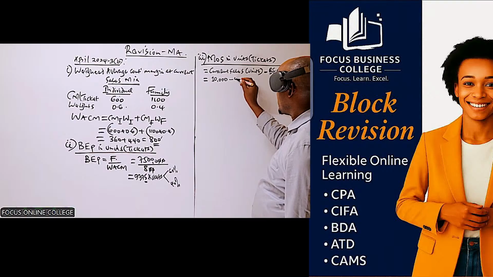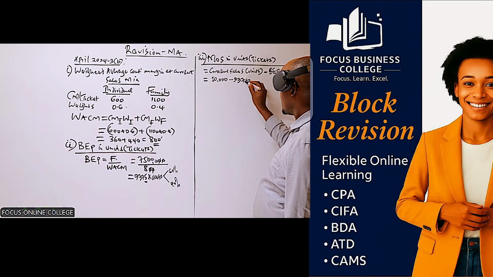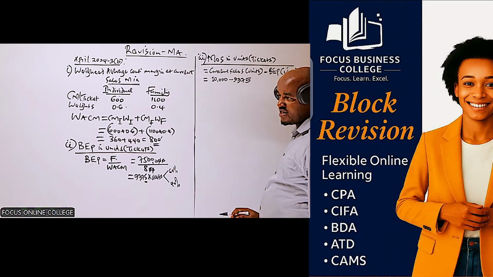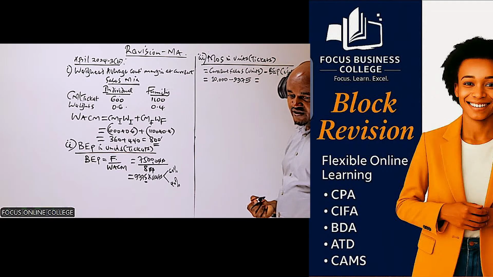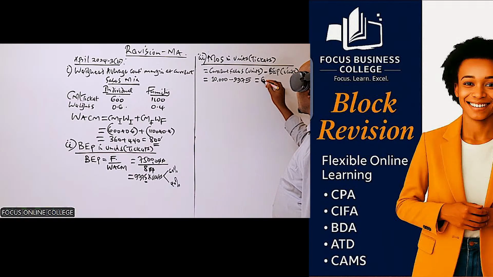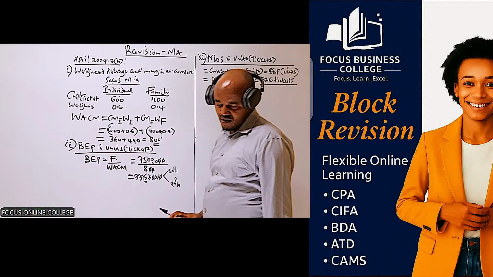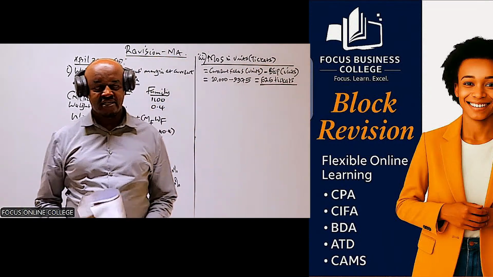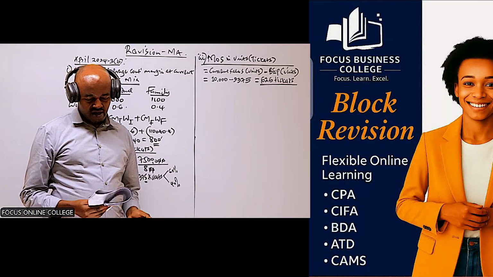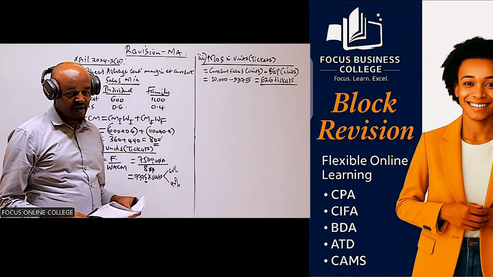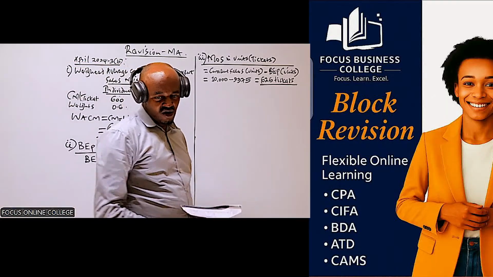The break-even point is 93.75 tickets. So the difference now will be the margin of safety, which will be 625 tickets. So it means that if, for example, the expected sales reduce by the 625, this entertainment park automatically will start making losses.